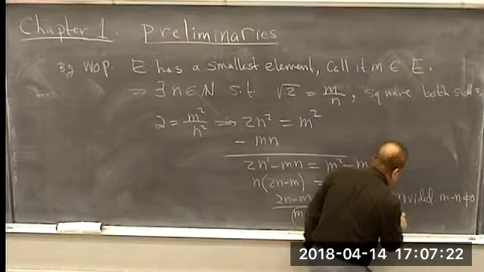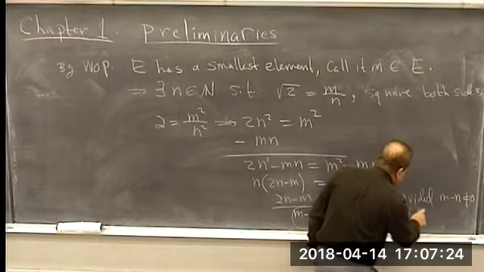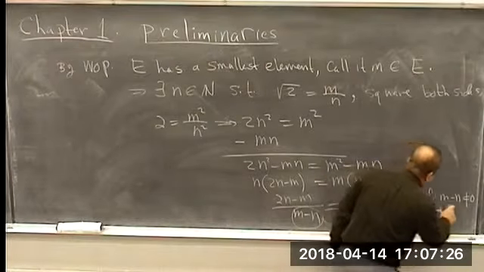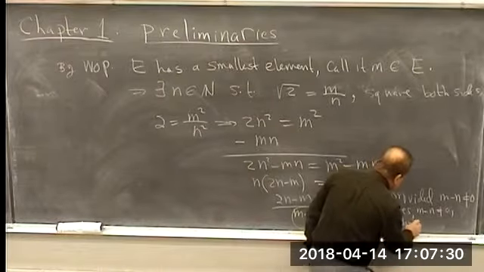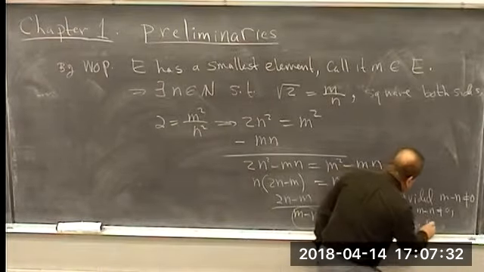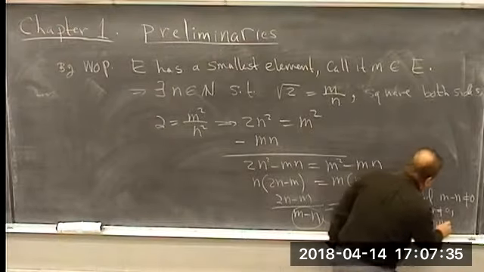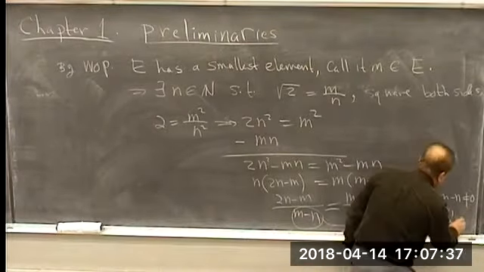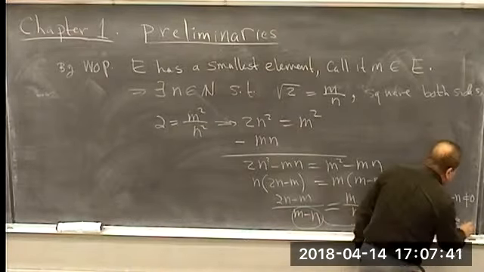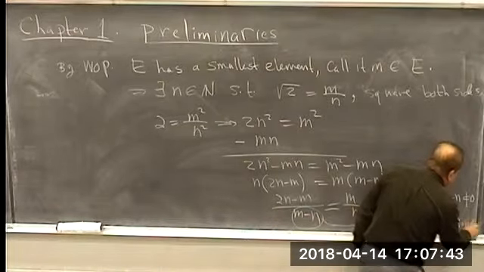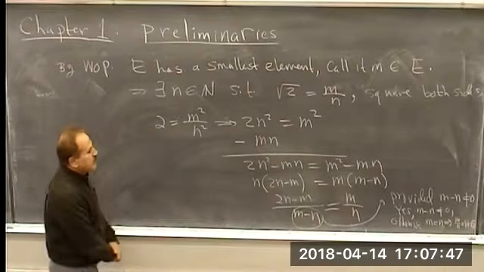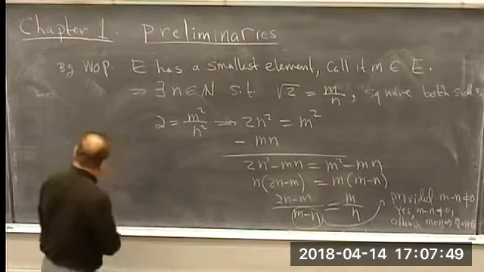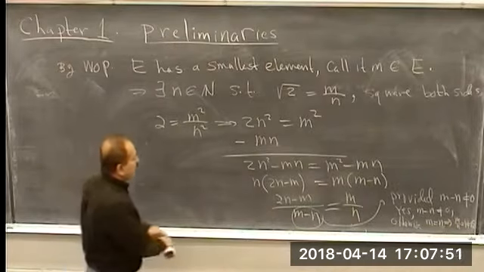So yes, m minus n does not equal 0, because otherwise m is going to equal n, and this implies m over n is equal to 1, and definitely this is not the square root of 2. Okay, so we cannot have that equal to 0, so it must not equal 0. All right, let's see what we have in here.